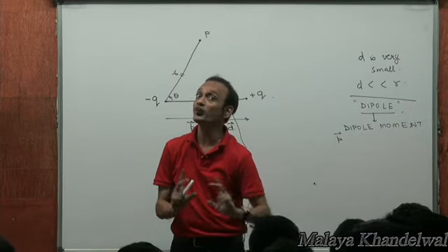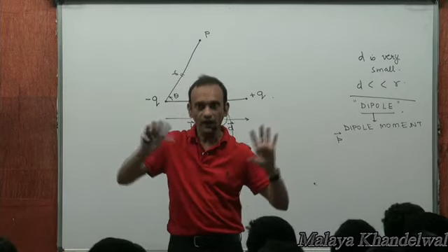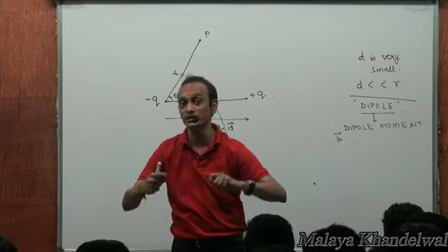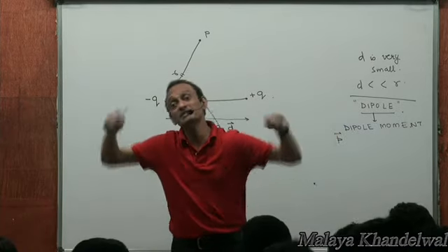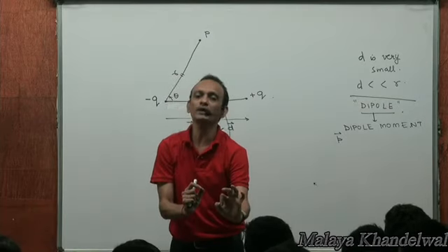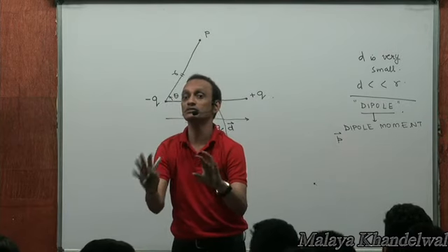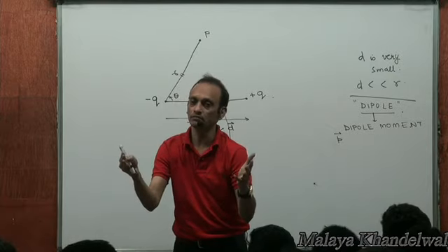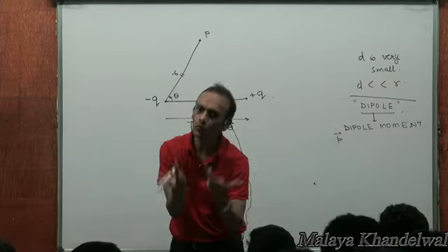Unequal, if I can break it up into other constituent dipoles, then it can be done. I'll explain that also. If I can convert that into an equivalent dipole, that means I can break it up into several minus q plus q pairs, then there will be several dipoles. But a dipole means 1 minus q and 1 plus q. It's possible that I am able to create a series of minus q plus q over d. That is, if I can do that, then there are several dipoles. We will look at one dipole.